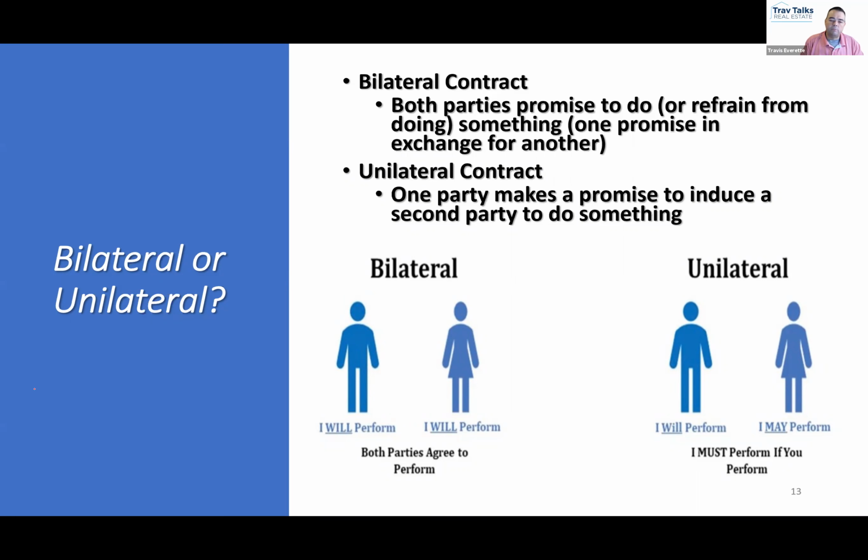Contracts can be either bilateral or unilateral based on how many of the parties have made promises. Now, let me tell you where you're going to get confused with bilateral and unilateral on the test. Somebody, and I don't know who it's going to be, is going to answer that a unilateral contract is a contract with one party.